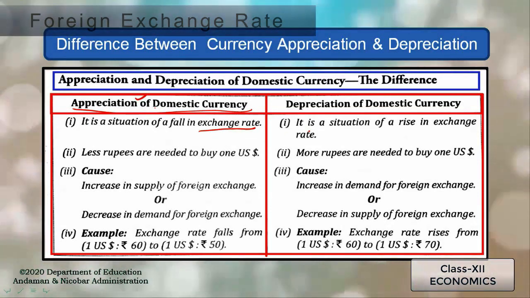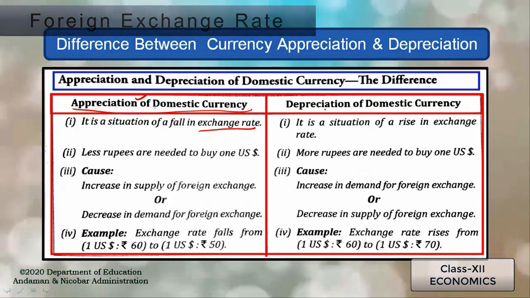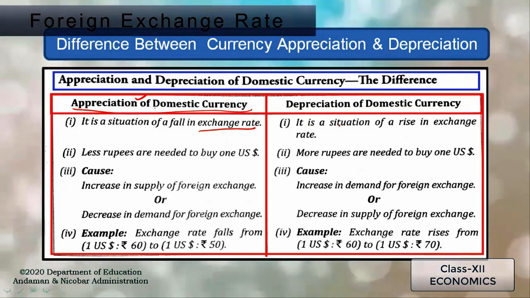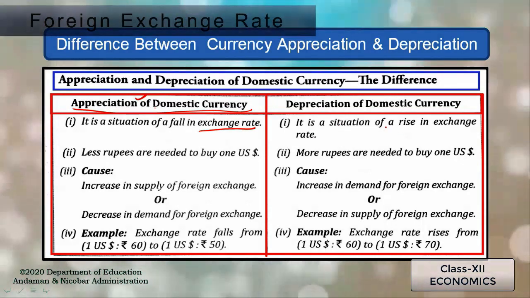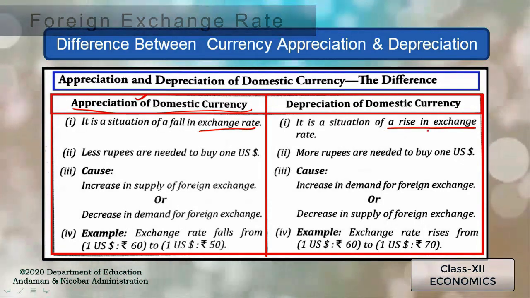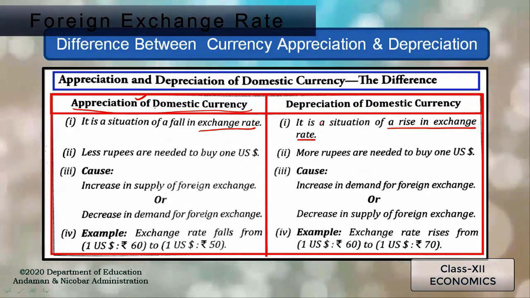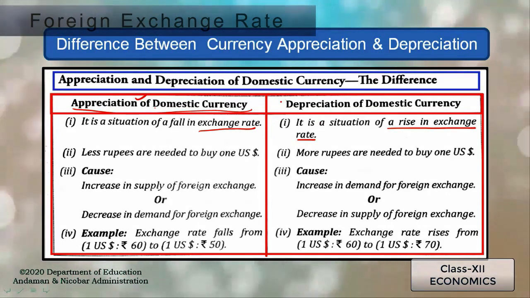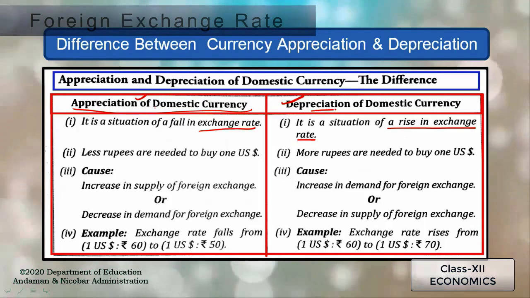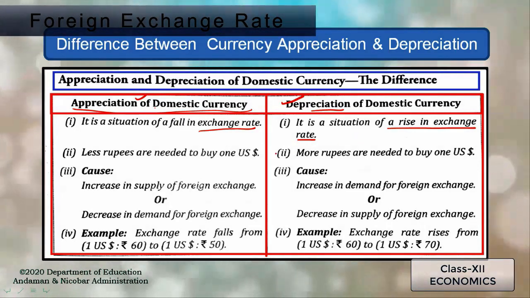On the other side, in the depreciation of domestic currency, there is a rise in the exchange rate. Whenever we find a rise in the exchange rate, the domestic currency gets depreciated.